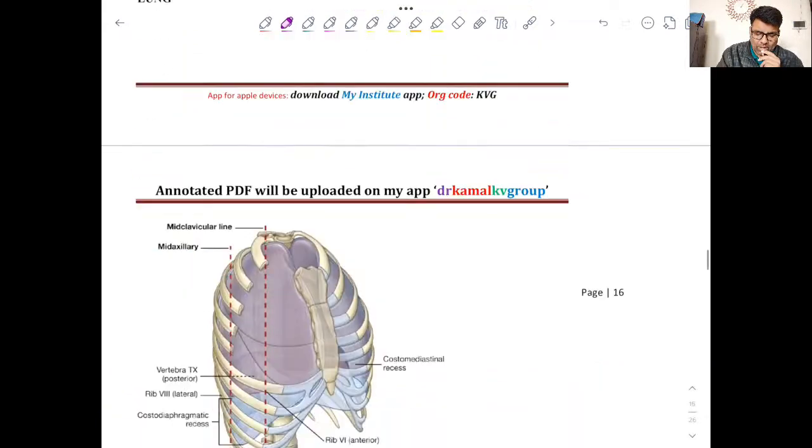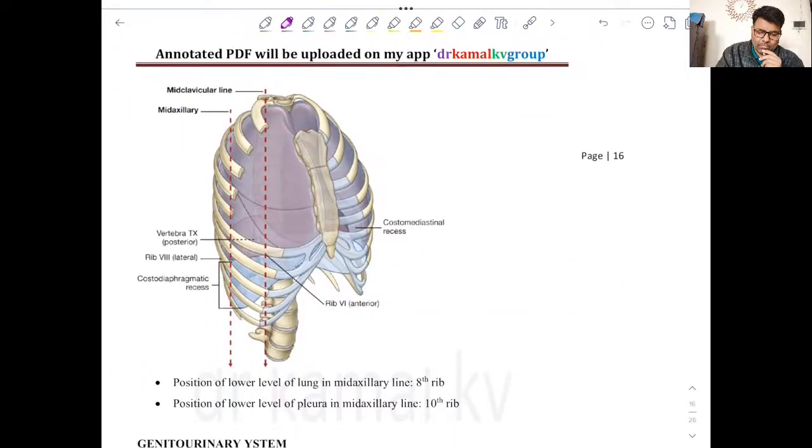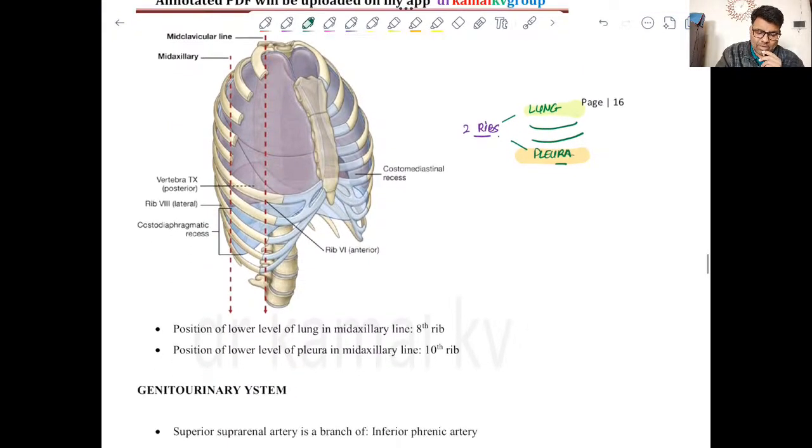Then moving forward to lung, here you need to remember one thing, that there is a gap of 2 ribs between the lower limit of lung and the lower limit of pleura. Clear? So how we can understand that? Suppose I am drawing a line through the middle of clavicle, right?